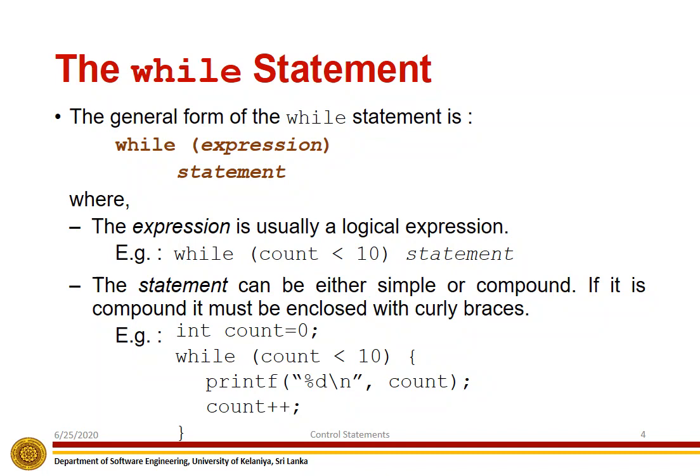This will continue until the count is 9. If count is 9, it prints 9, and 9 plus 1 is 10. Now again it will check the condition. 10 is not less than 10. So the condition is false, and the while loop will be terminated.